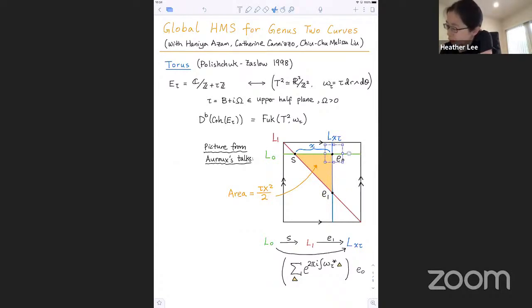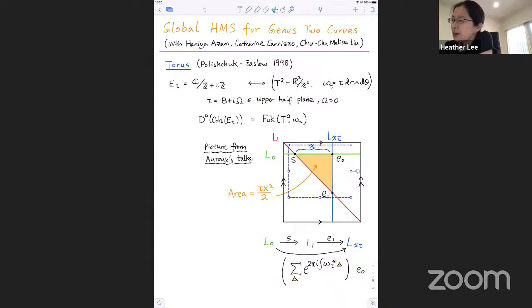There are also product structures on these vector spaces generated by these intersection points. These product structures are defined by the count of pseudo-holomorphic disks, which in this case are triangles that are bounded by these three Lagrangians.